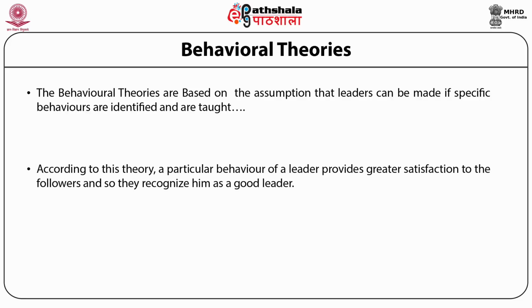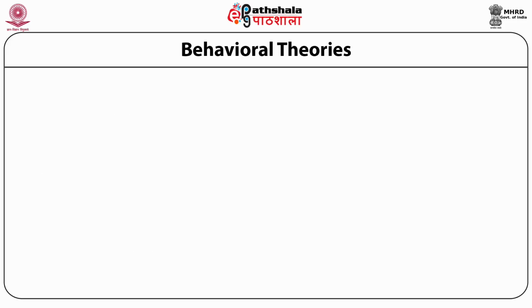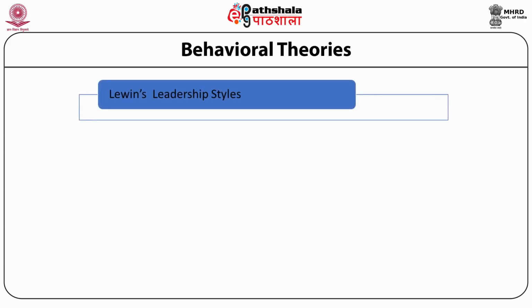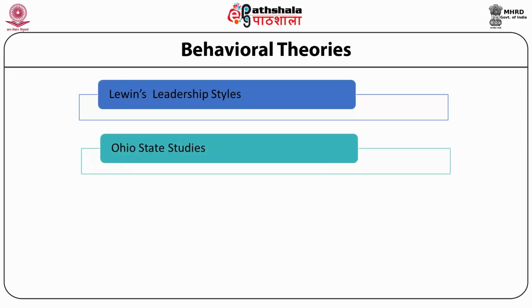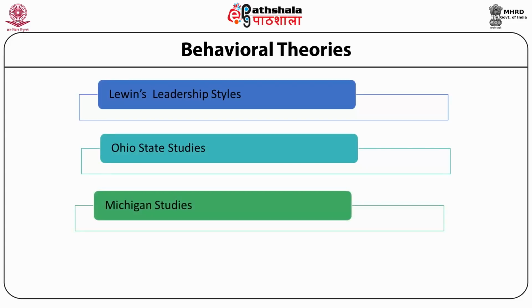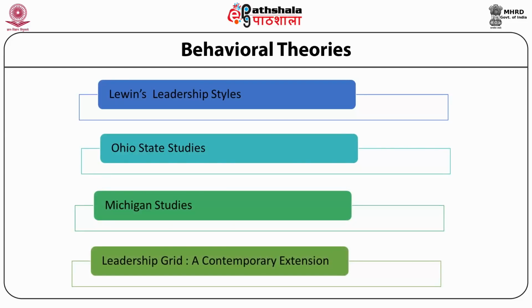According to this theory, a particular behavior of a leader provides greater satisfaction to the followers, and so they recognize him as a good leader. Moreover, trait theories did not address how leaders behaved. The behavioral theories would be discussed under Lewin's leadership styles, Ohio State Studies, Michigan Studies, and the leadership grid.